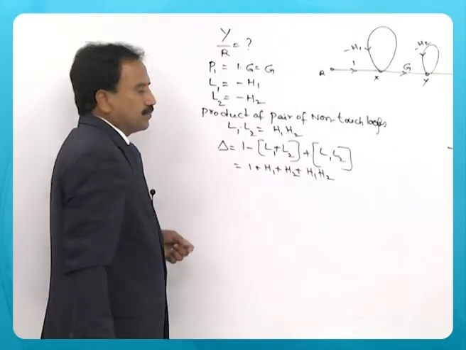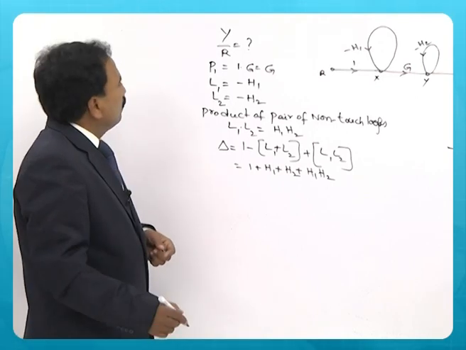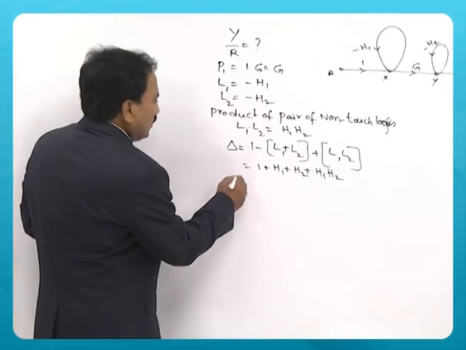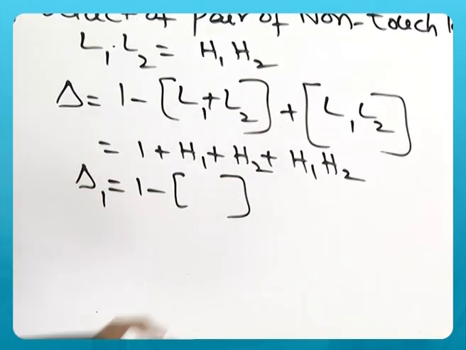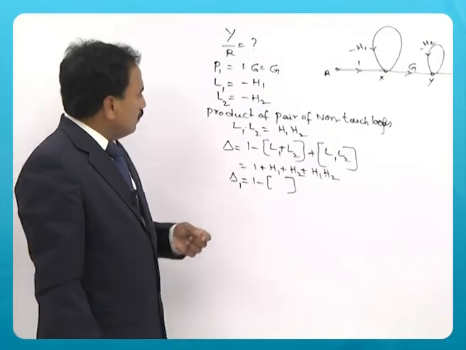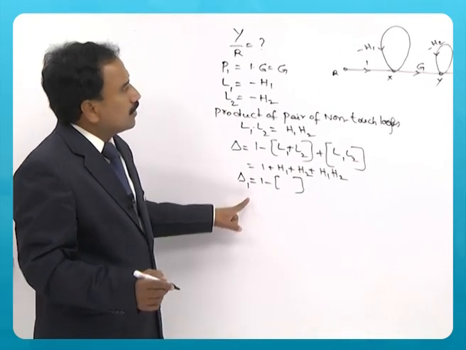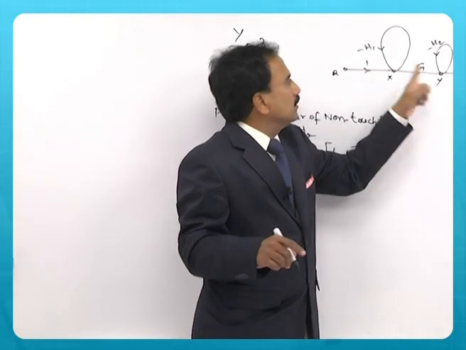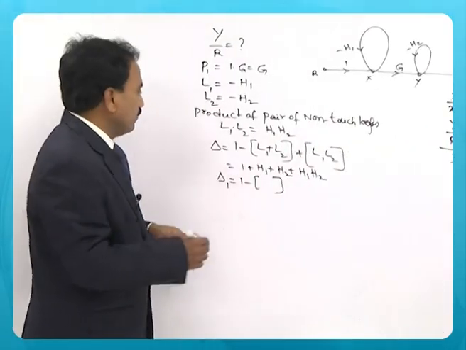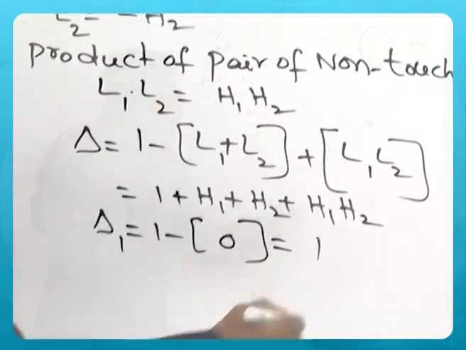This is delta. What is delta 1? Delta 1 is 1 minus the sum of the loops which are not touching the first forward path. There is only one forward path and both the loops are touching it, so the sum is 0, and delta 1 is equal to 1.